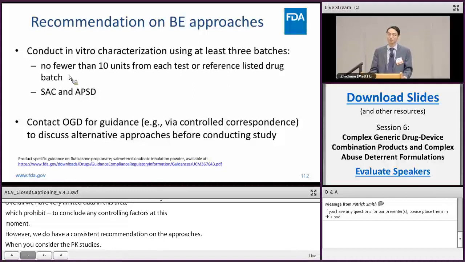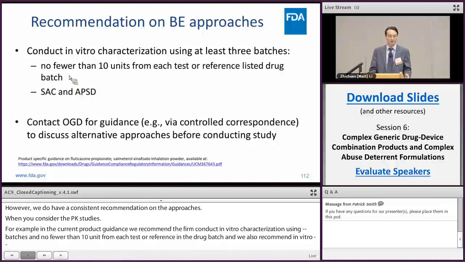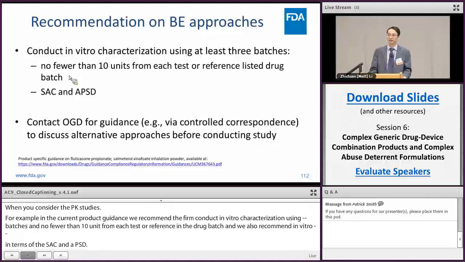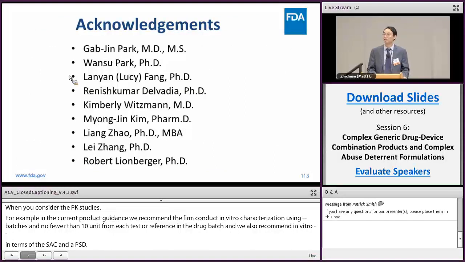And then we also further recommend in vitro characterization in terms of the SAC and APSD. And when you have any alternative approaches before you conduct a study, you are welcome to contact OGD for guidance, for example, through a controlled correspondence.